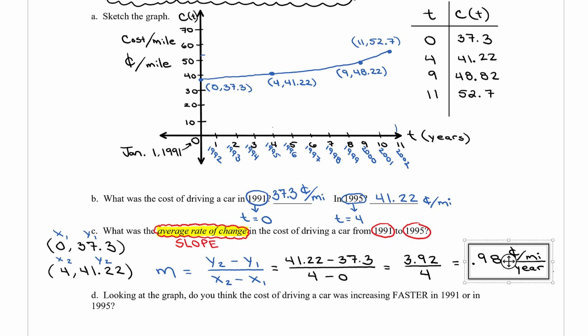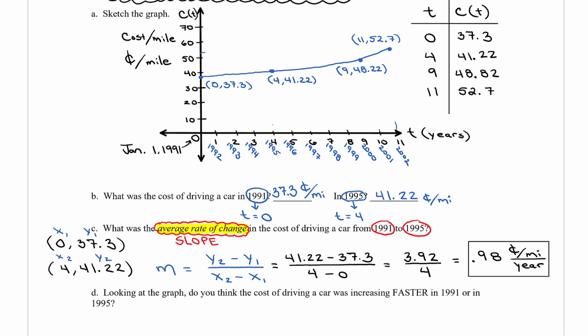Now we are ready to move on to question D. Looking at the graph, do you think the cost of driving a car was increasing faster in 1991 or in 1995? I'm going to start off by highlighting the part that says increasing faster in 1991 or in 1995, so that I know what I'm focusing on in this question.